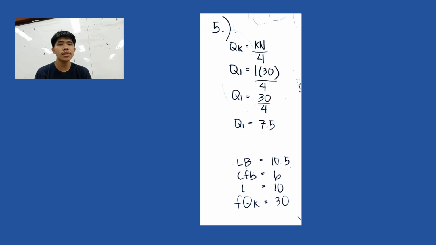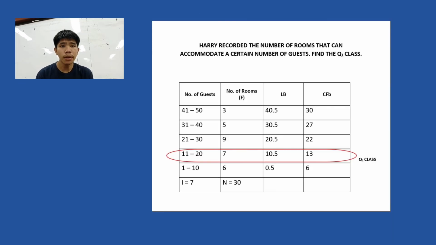Now, we will locate 7.5. Since 7.5 is between 6 and 13, we will then locate 7.5 within 13, since 6 is less than the value of 7. Now, we will encircle this row and label this as our Q sub 1 class. We will now get the values for our formula.